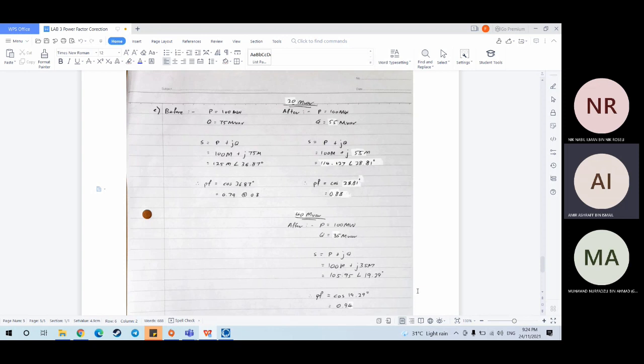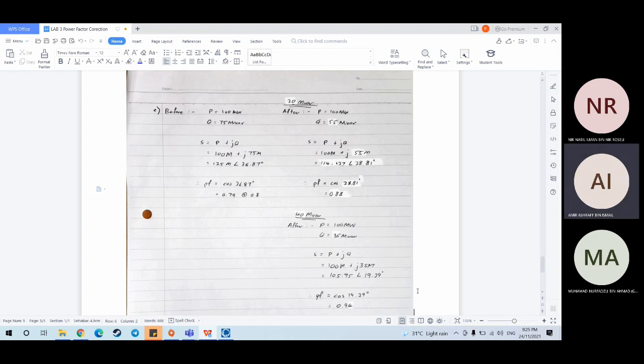For power, 100 mega, and for imaginary reactive power, 55 mega. The value we get is 114.127, and the angle is 28.81. To calculate the power factor, we use cos 28.81, and the answer will be 0.88.